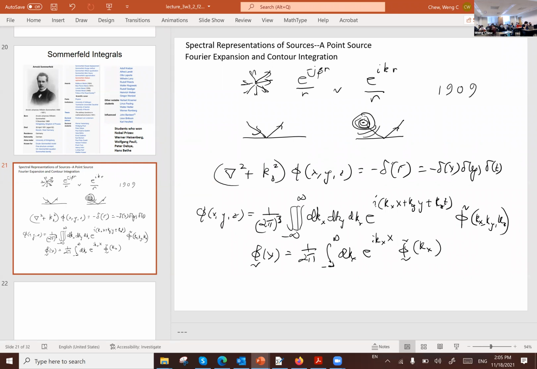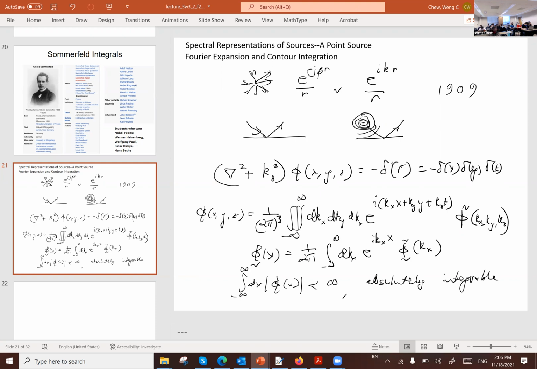The requirement for this to be true is that if something is Fourier transformable, it's not finite energy, okay? It is absolutely integrable, something that you should learn from this course. If you take the absolute value of this function and integrate it, and it can be integrated, then the Fourier transform exists.